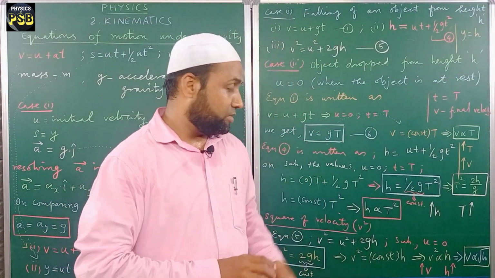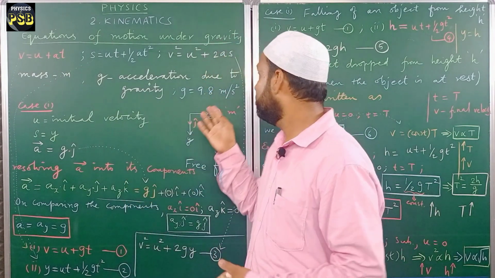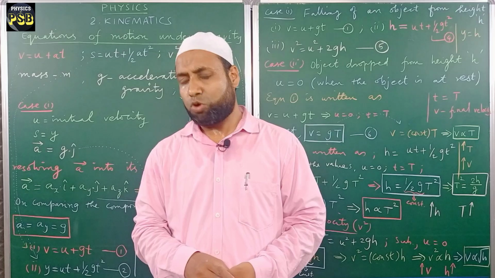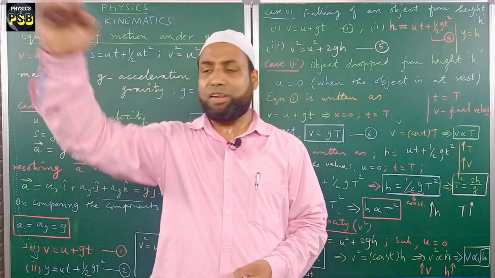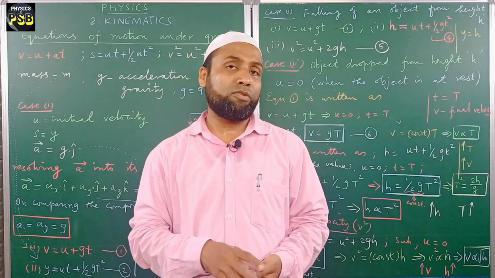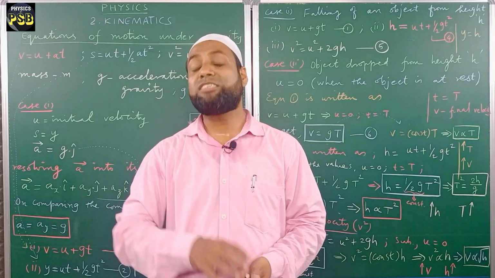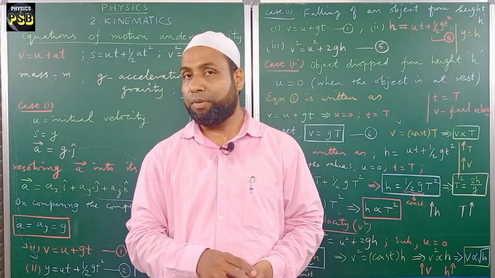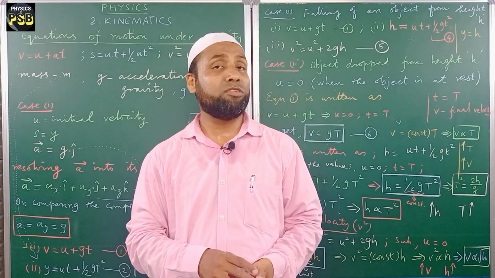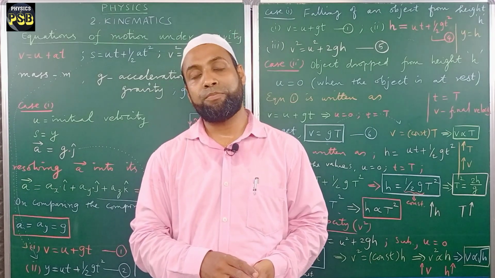And apart from this, I would like to tell you one thing. At the beginning, I told you about free fall. What is free fall? When some object is dropped from a certain height very close to the ground, moving only under the action of gravity, in the absence of air resistance, it is referred to as free fall. I repeat, moving of an object only under the influence of gravity is referred to as free fall.